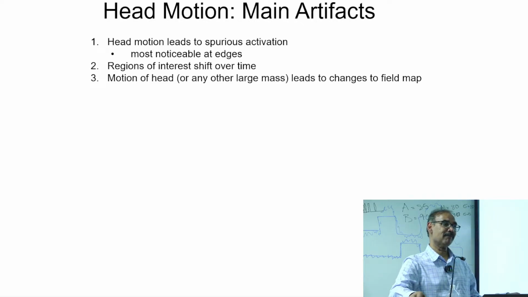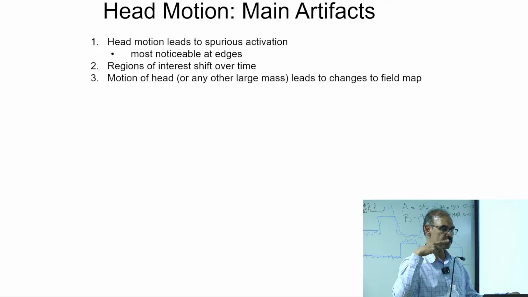MCFLIRT, right? For FSL, like for AFNI, it's called 3dvolreg. So there are again different programs which exist to correct for motion. So it should be used to correct for motion, and then you would get at least 6 parameters which you can use for predictors of no interest, right?